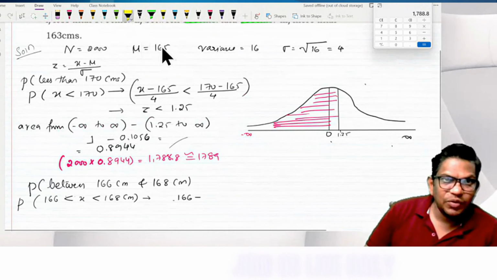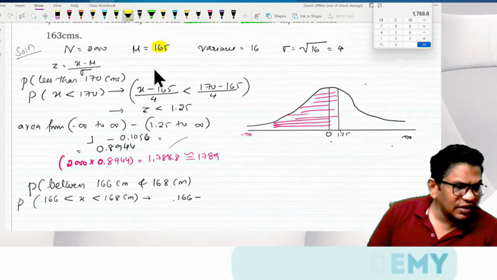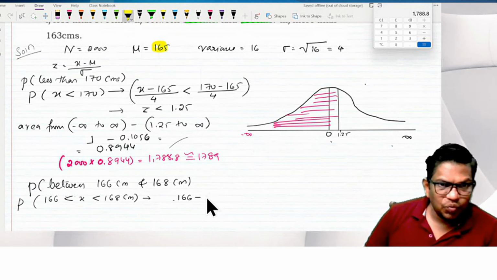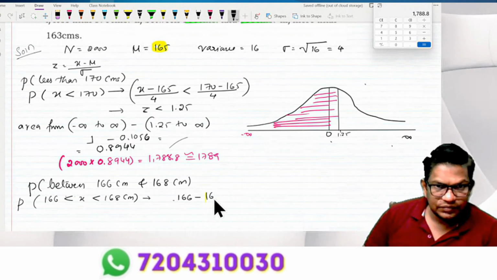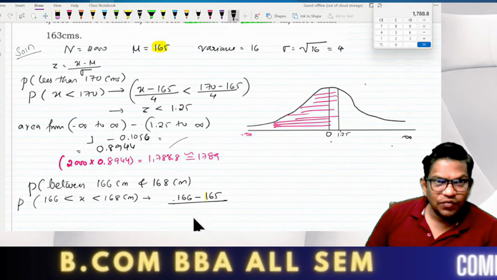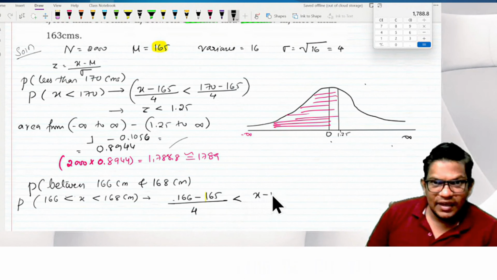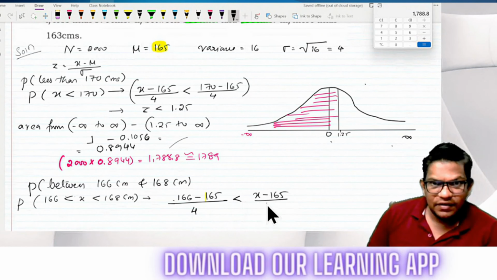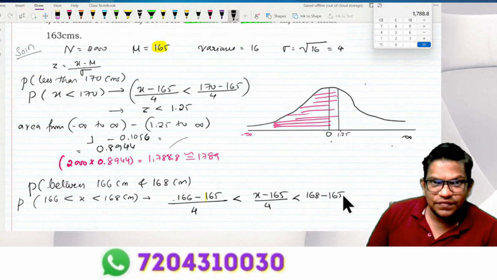And mu is 165. 166 minus 165 divided by standard deviation, which is 4, less than x minus 165 divided by 4 less than, what is next? 168 minus 165.